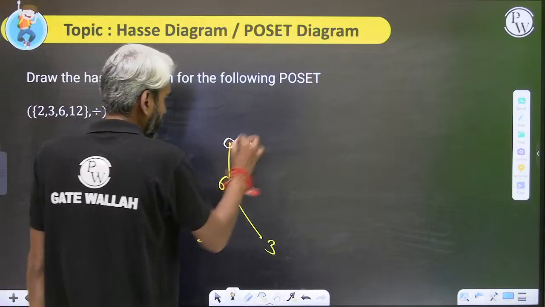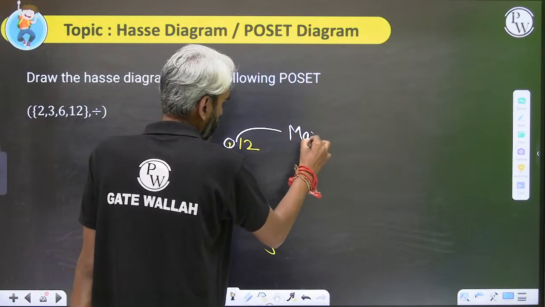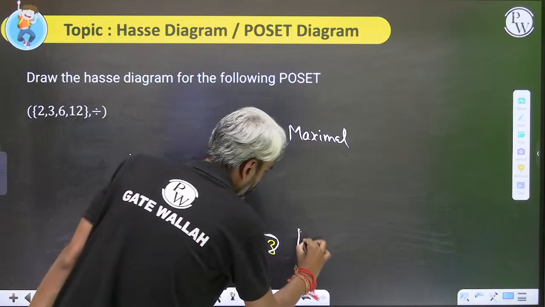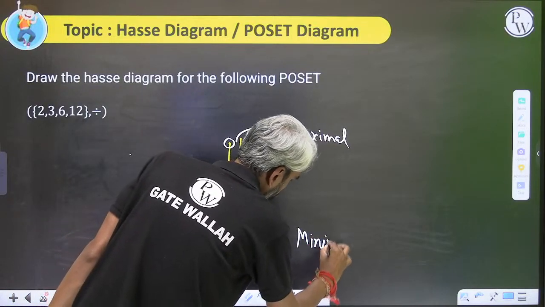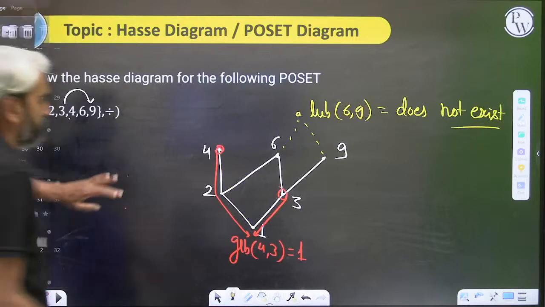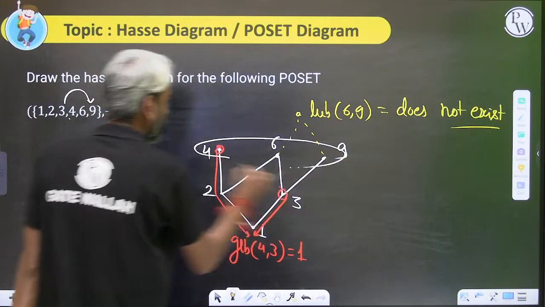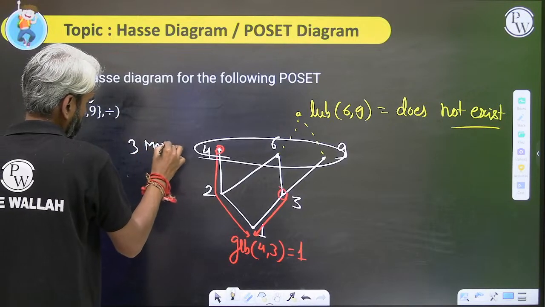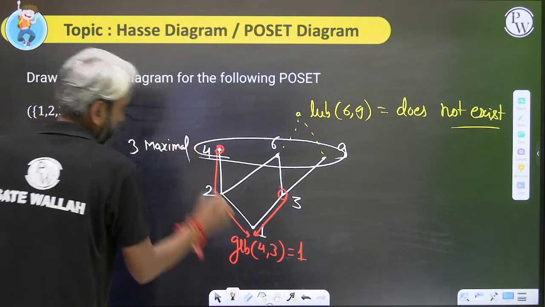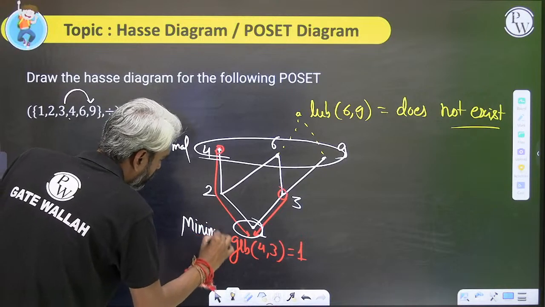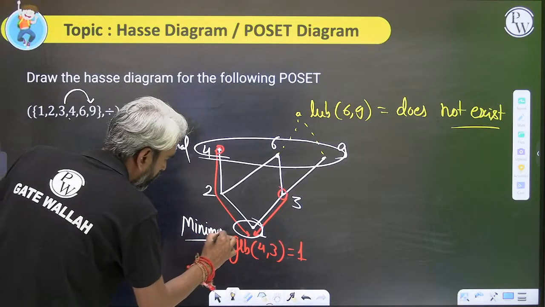Maximal, but two minimal. Three maximal. One minimal.